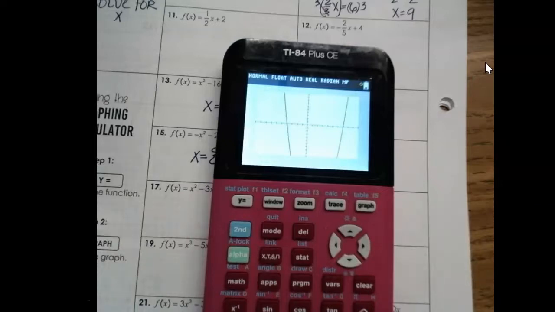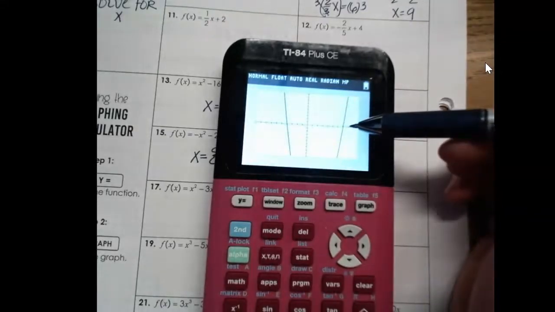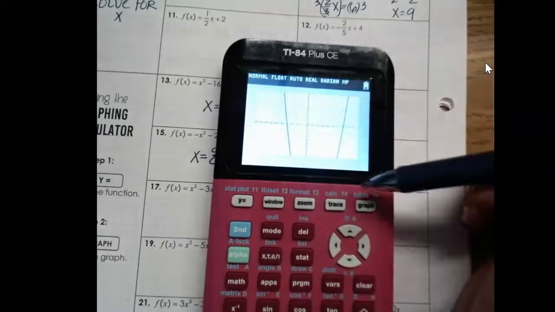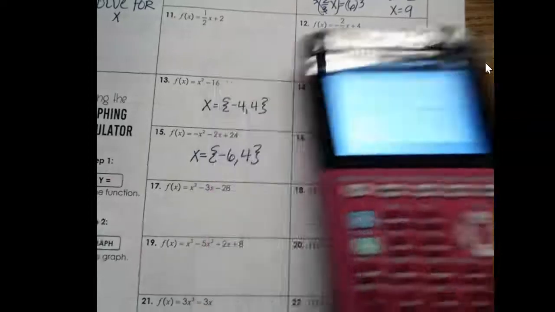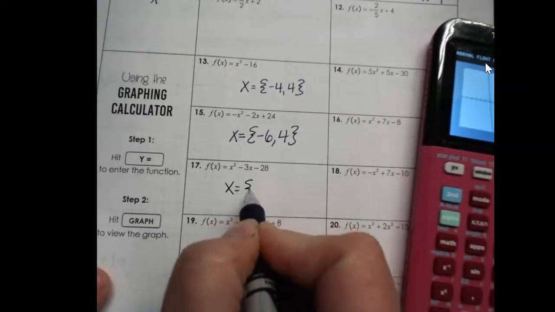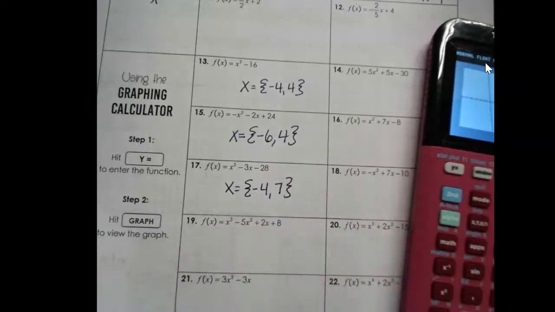Give it a second to finish graphing. You don't need to see the whole thing right now. We're only focusing on the x-axis. So it crosses at -4, and at 1, 2, 3, 4, 5, 6, 7. So we're going to write x equals -4 and +7.